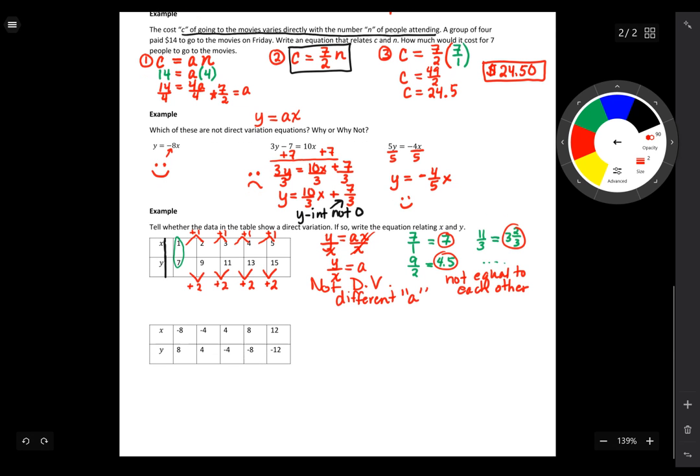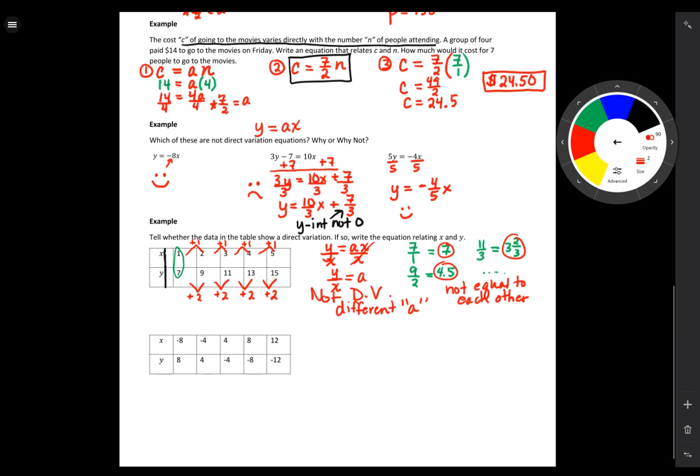Let's do one where you do have a direct variation equation. So y equals ax, and divide. We didn't even really need to look at the pattern, so that was kind of pointless. They didn't even have to put it on there because we didn't have to write an equation in slope-intercept form.